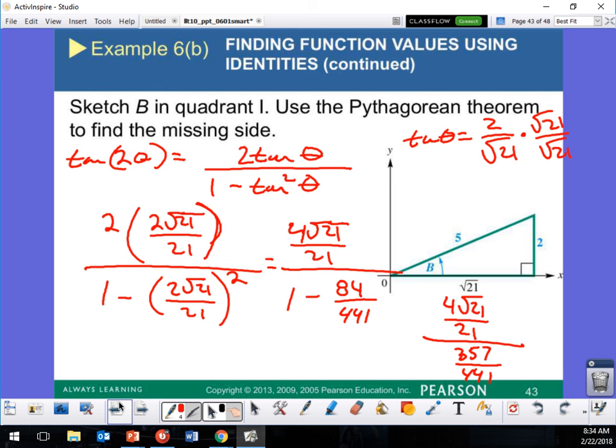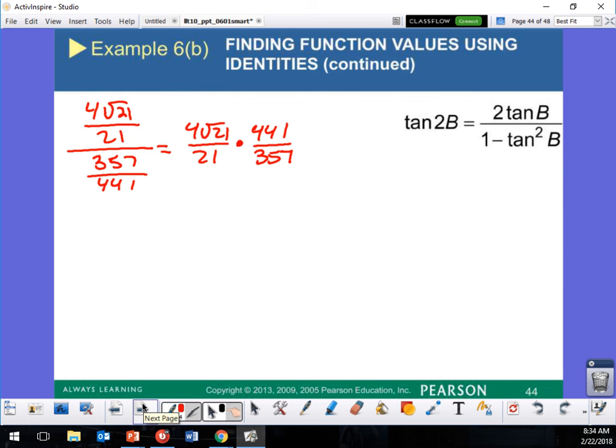I know this is going to reduce by at least a factor of 21. So 4 times this; the 21 reduces by 21, so that's 1.